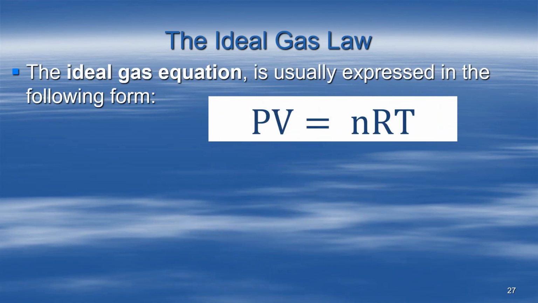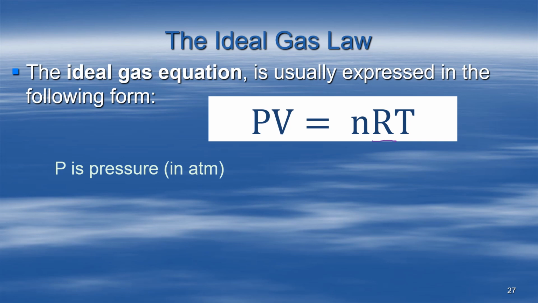So if we rearrange this equation, we get what's called the ideal gas equation or the ideal gas law, and it's PV equals nRT. Again, P is pressure, and because we're using this value for R, and because those units are very specific, this time pressure has to be in atmospheres.